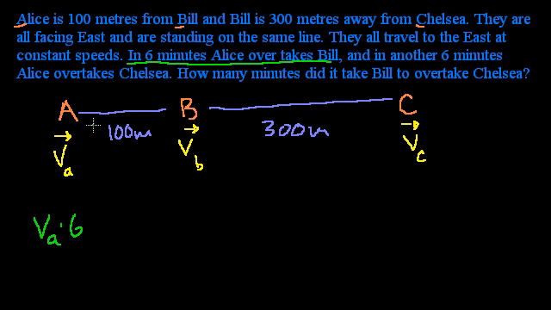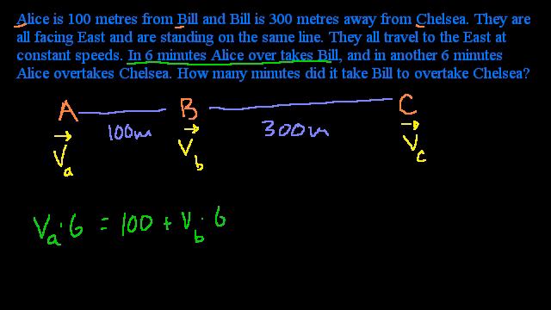And she overtakes Bill, so that means she goes 100 meters plus the distance that Bill went in those 6 minutes. And the distance that Bill went in 6 minutes is velocity of Bill times 6, right? So in 6 minutes, Alice went 100 meters more than however far Bill went. That's that equation there, and we got it from this information.